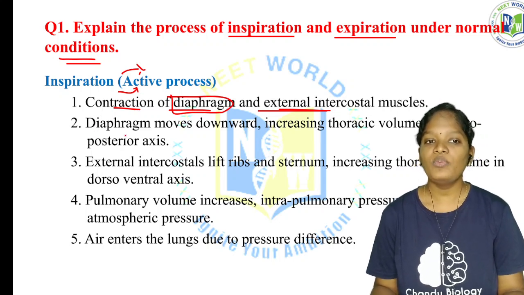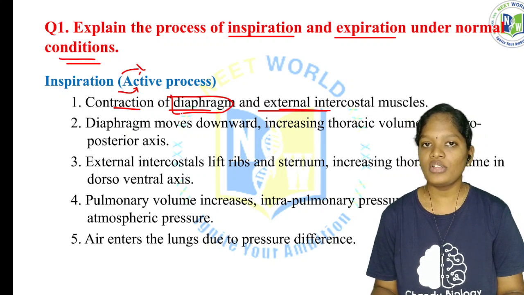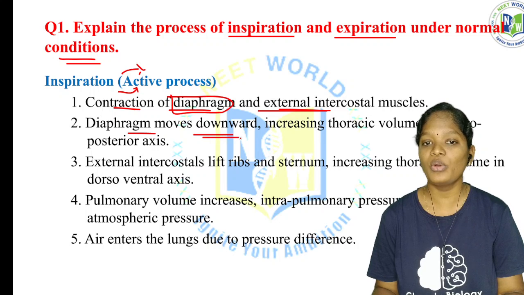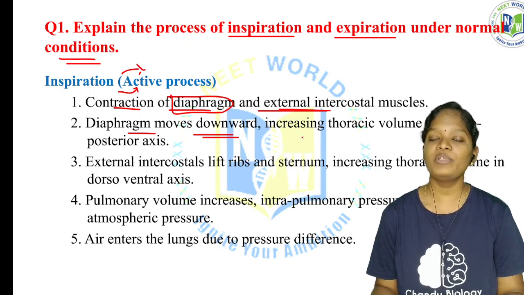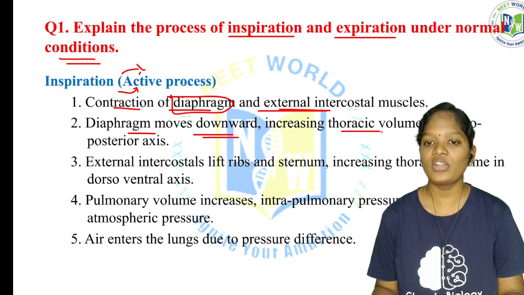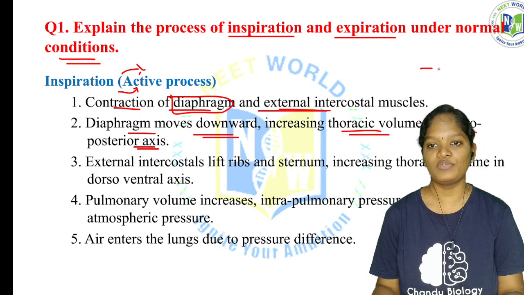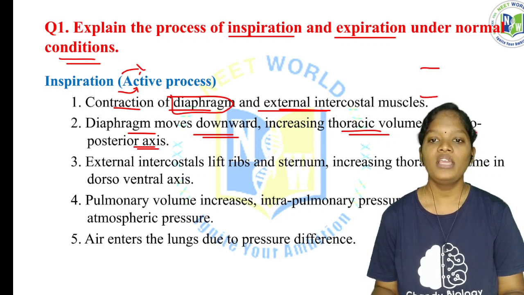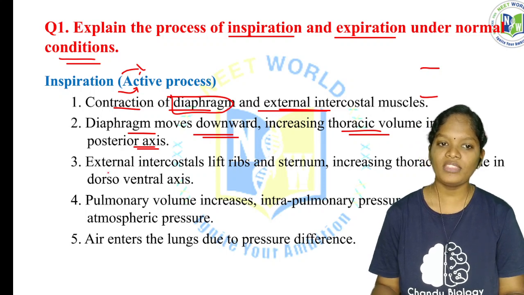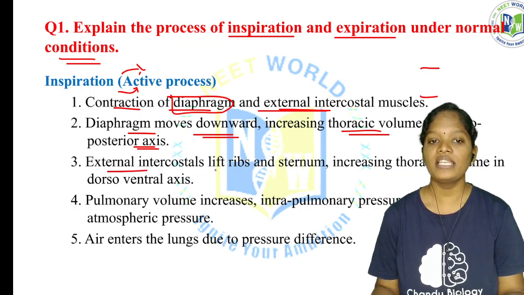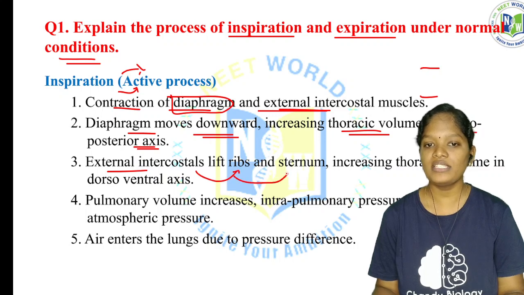Whenever the diaphragm contracts, it moves downward, and the thoracic volume increases in the anterior posterior axis, which means from top to bottom. The external intercostal muscles are the muscles involved in lifting the ribs as well as the sternum.